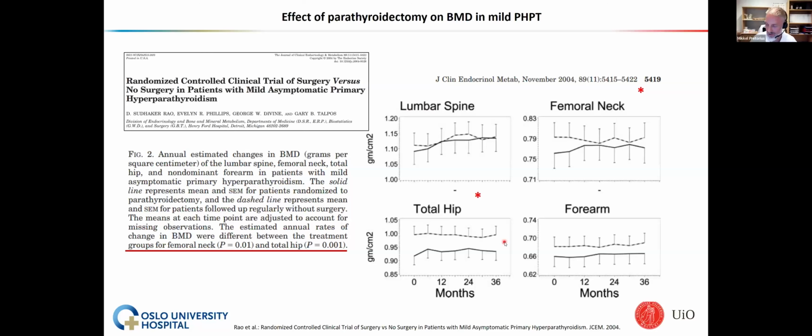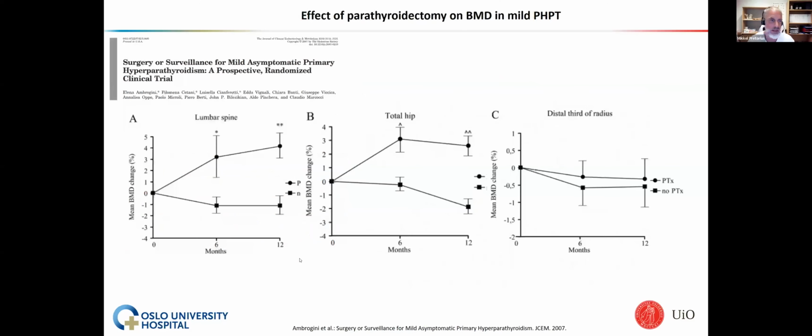All 3 RCTs measured bone mineral density, and it seems like there is a treatment effect here, both in Rao's study with femoral neck and total hip being significantly better, and also in Claudio Marcocci's group with a significant improvement in lumbar spine and total hip.